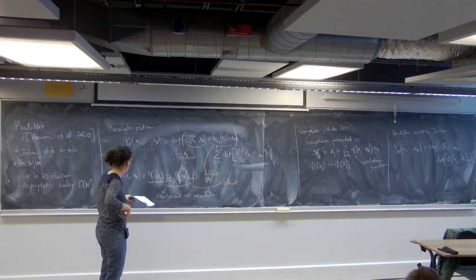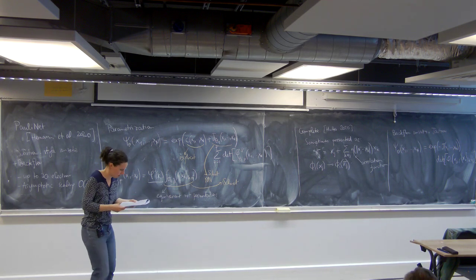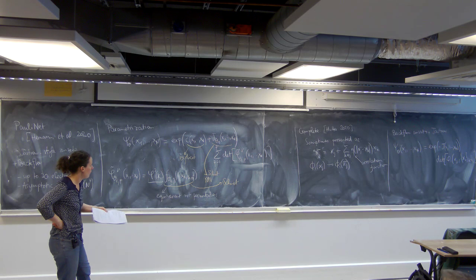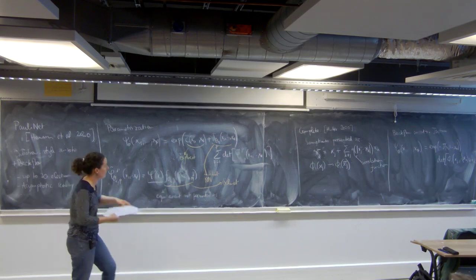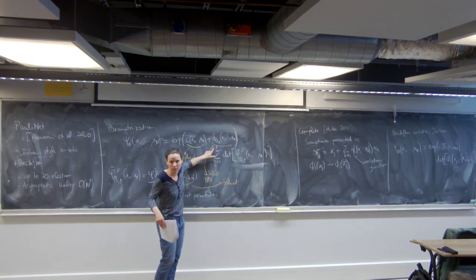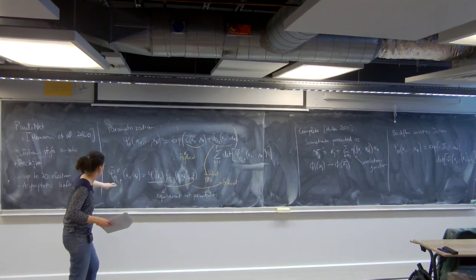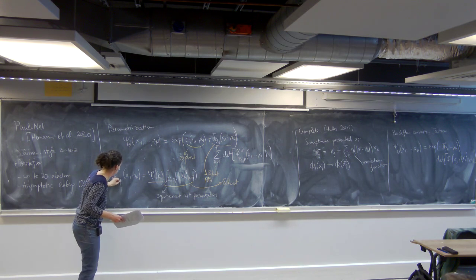Oh yeah, the i is in here. Let me check. P is here, P is because you have several determinants. So basically it's everywhere, I would say.